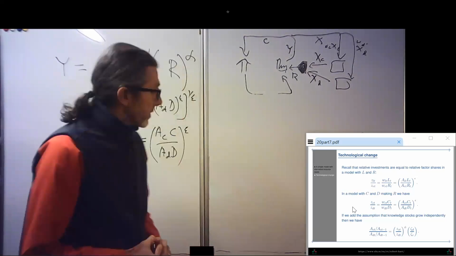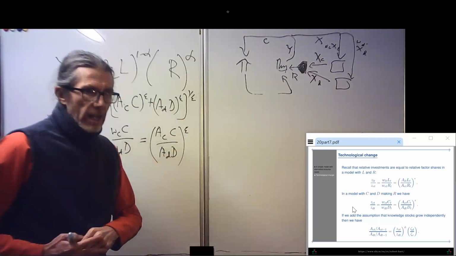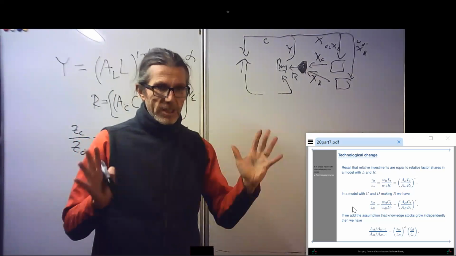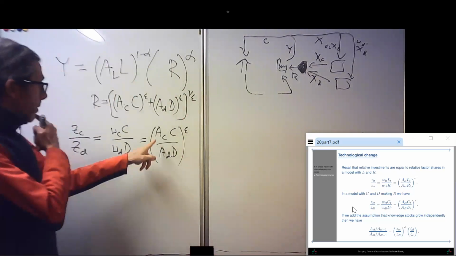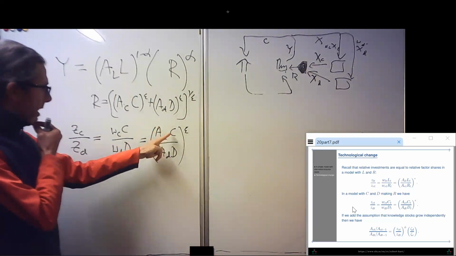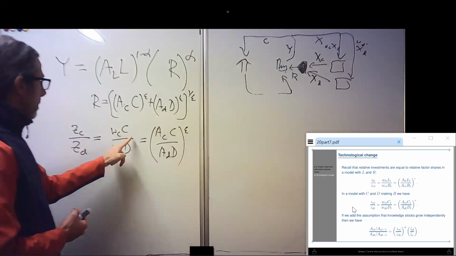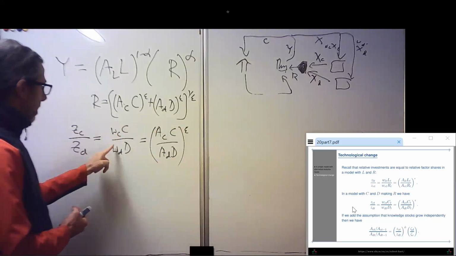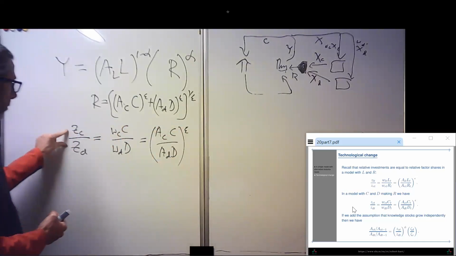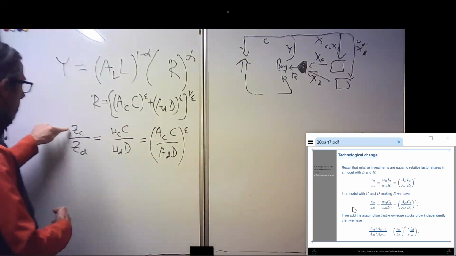The big difference is that epsilon is now positive, which means that if this goes up, this goes up, we tend to invest more.